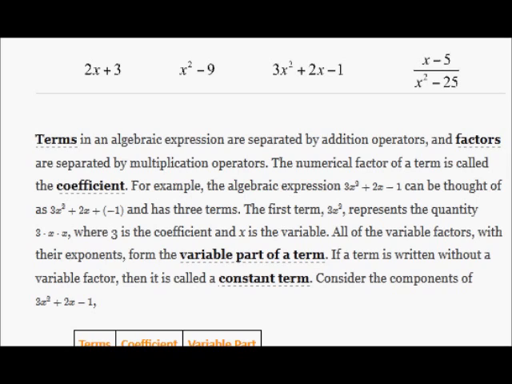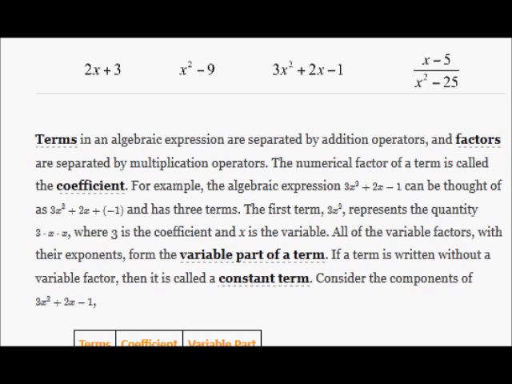In another example, the expression 3x squared plus 2x minus 1 can be thought of as 3x squared plus 2x plus negative 1. So it has 3 terms, those terms that are being added up. In one case, it's a negative number being added, which is the same as a positive number being subtracted.